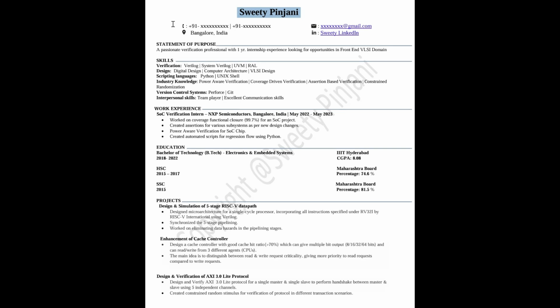You should always mention your contact details at the top so that if anyone wants to contact you, they do not struggle to find your contact details in the resume. That's why you should keep your contact number, your location, your email ID, and I also highly recommend you keep the link for your LinkedIn.